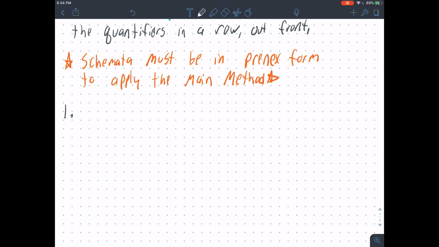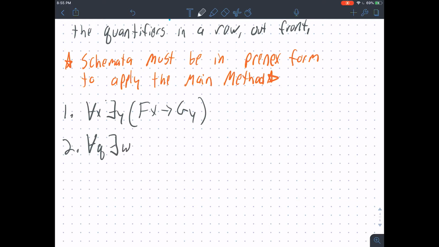Yeah, so I'm just going to show you some examples, and I think you'll see what I mean. So first, this is in prenex form. Again, because all the quantifiers are out in the front, right? So this one's also in prenex form.